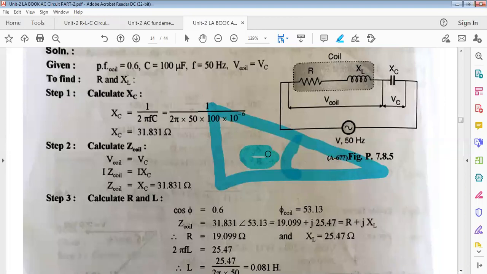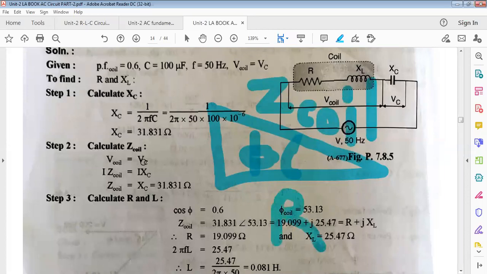Here, see the impedance triangle. I'll draw phi here. Along this side will come Z coil, since it is related to the coil. Here R and here XL. So cos phi you can take as R by Z coil.